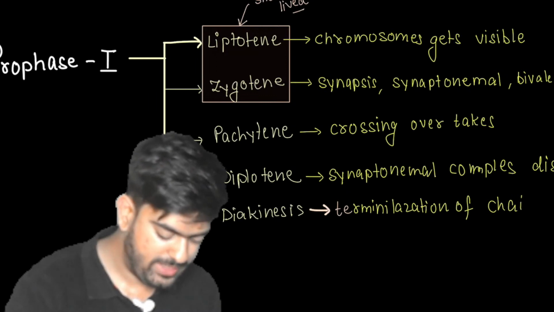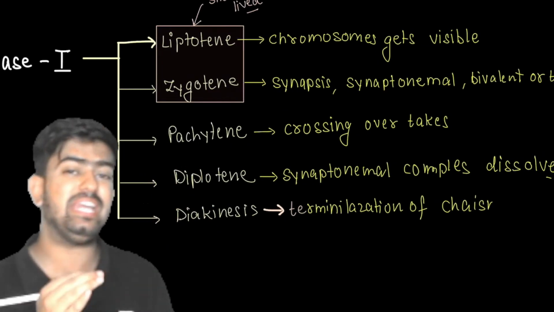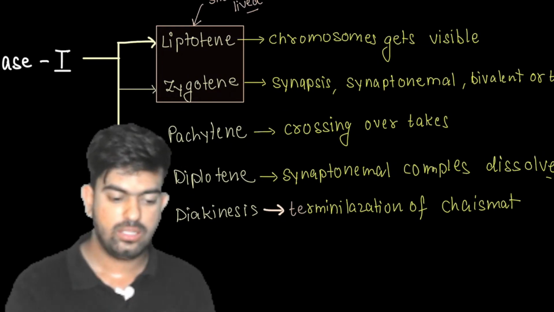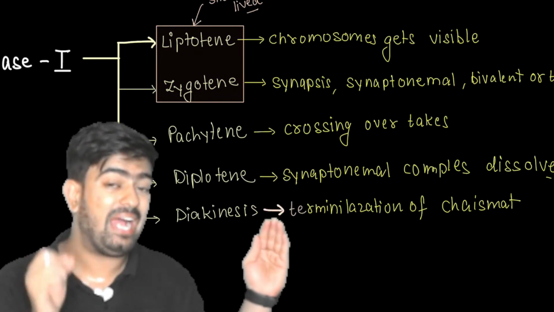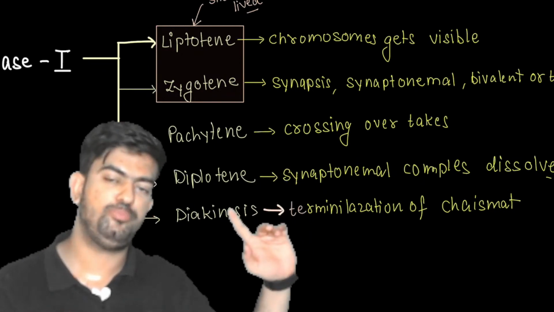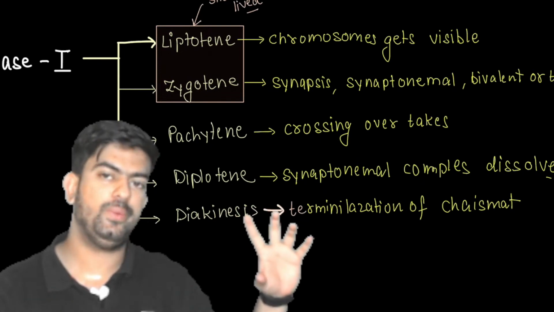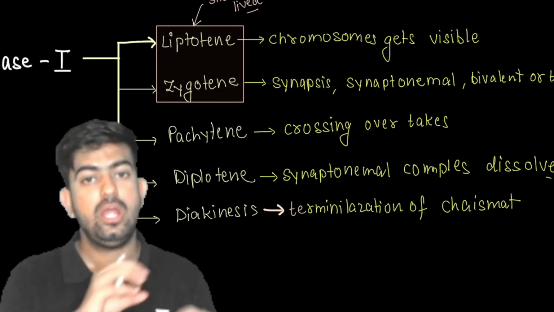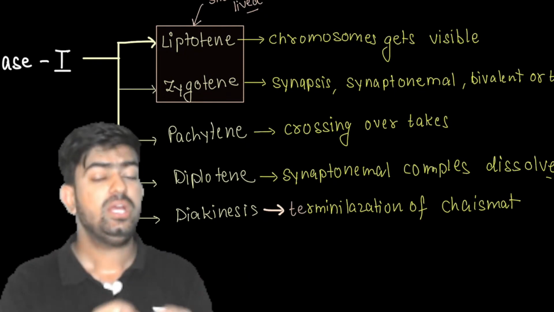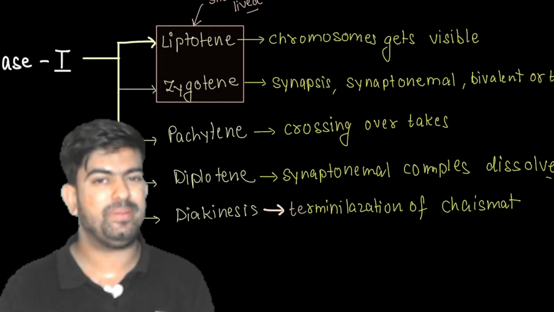Now what happens here? See, this is the end of prophase 1, right? What happened at the end of prophase in mitosis? We got to know that the nuclear membrane disappeared and cell organelles disappeared.